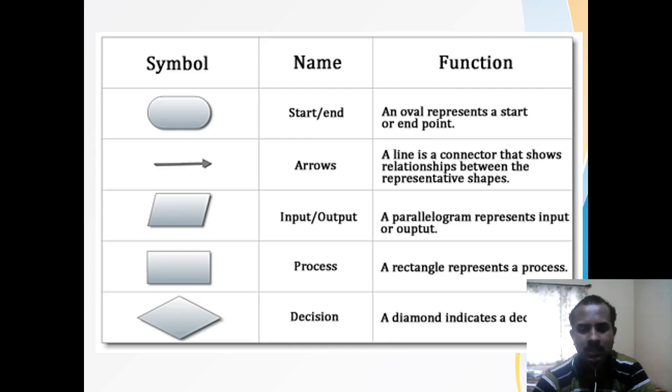So these are the different shapes that are used. Diamond is mainly used for decision making. Arrow is used as the join relationship between the two symbols or two structures.